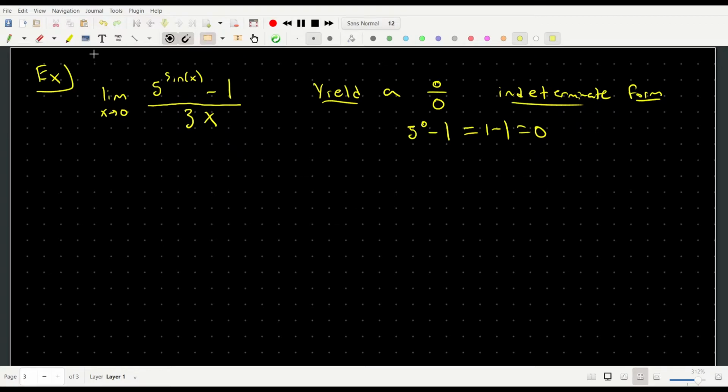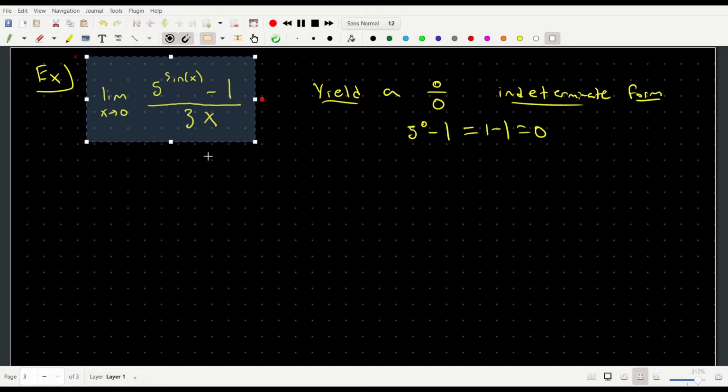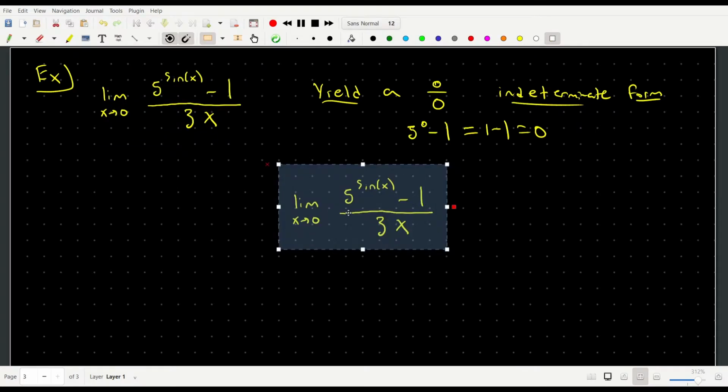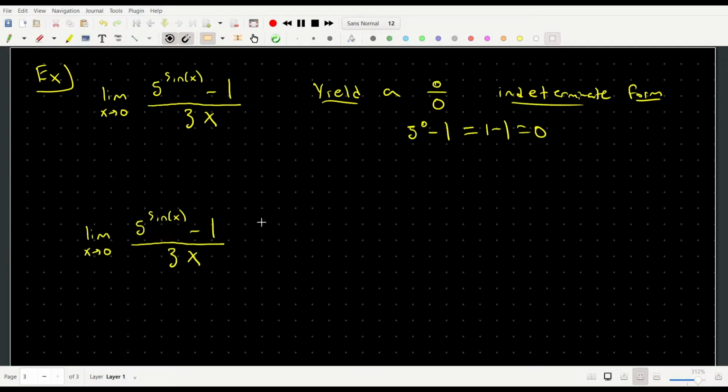So in order to do this limit, we need the derivative of the numerator and the derivative of the denominator. This directly is an applicable L'Hopital's rule problem because the derivative of the denominator, derivative of 3 times x, is 3, which is non-zero around x equals 0. And both functions are differentiable.